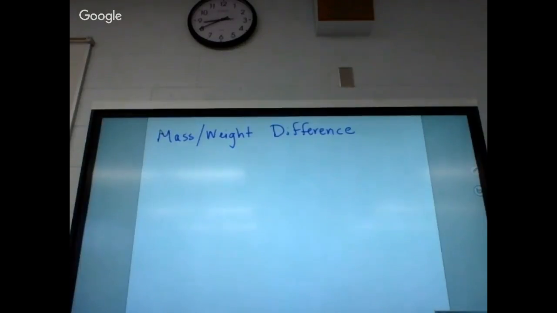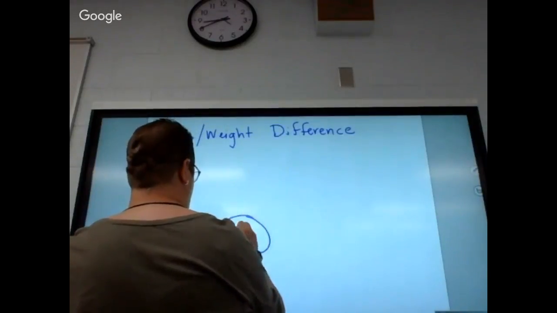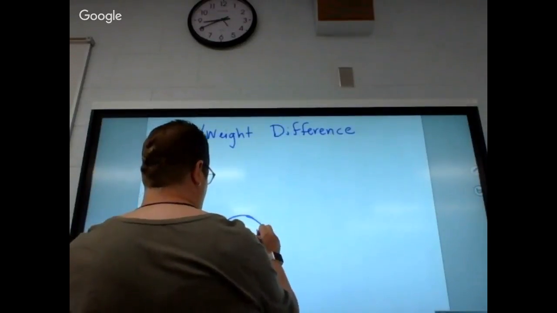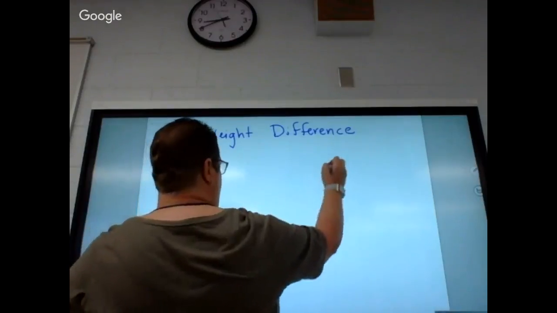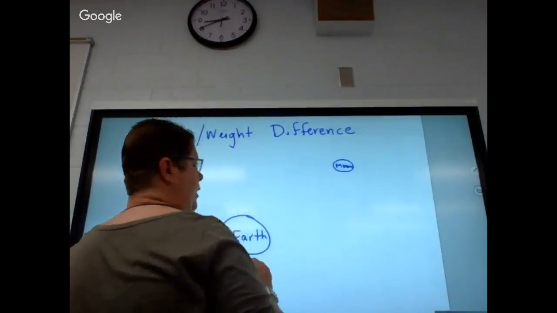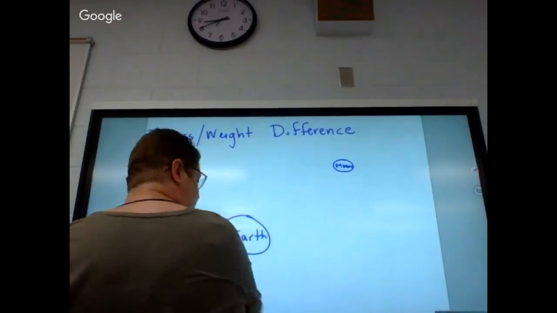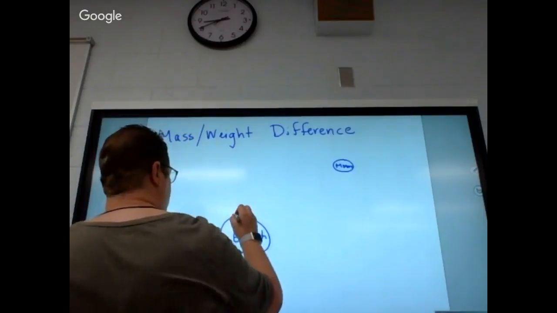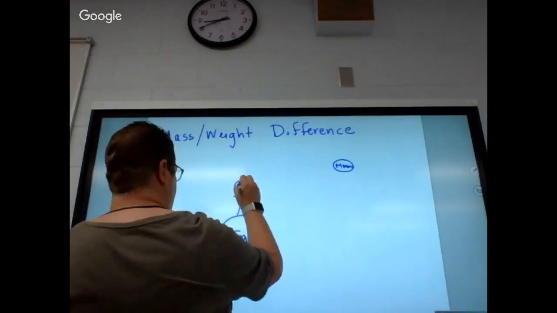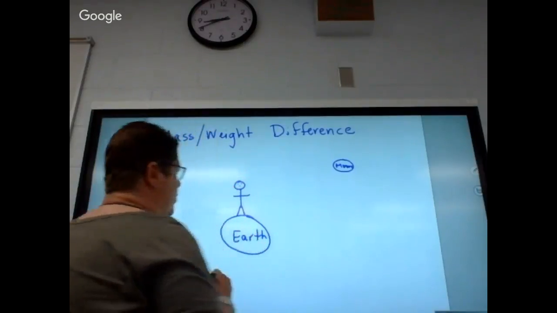Now, let's say that we're here on Earth, and go to the moon. Can't write very well in that tiny little celestial body, rather. Okay, so we're all standing on the Earth.